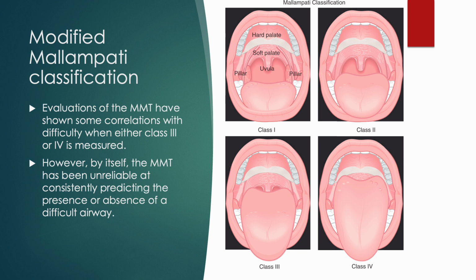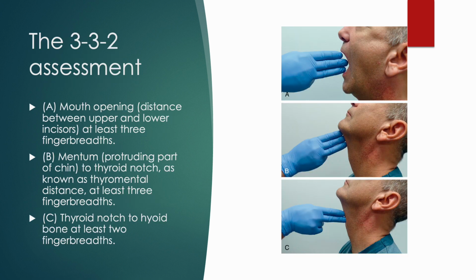This is a great way to find the unanticipated difficult airway if you're solely relying on this. Because you will occasionally have a class 1 or class 2 who is hard to intubate, and that's very, very frustrating. But at the same time, you'll also have people who have a class 4 airway who, once you get in the OR and you go to look, you have a grade 1 view. So it's not the be-all, end-all, but it is a good predictor.